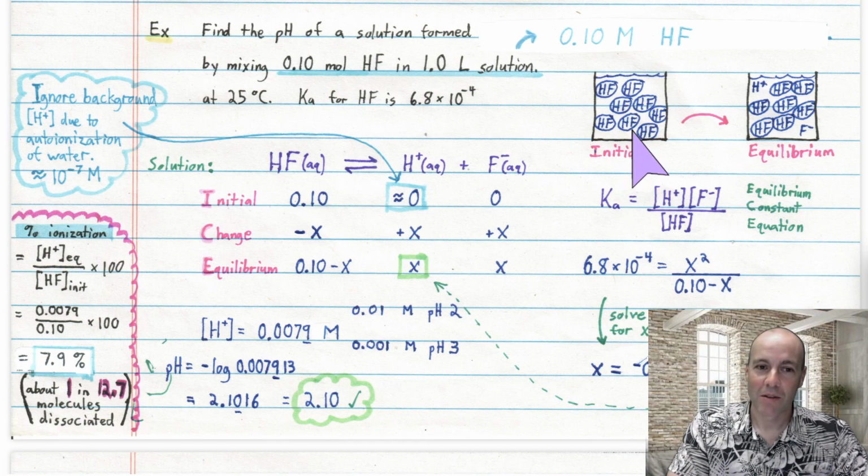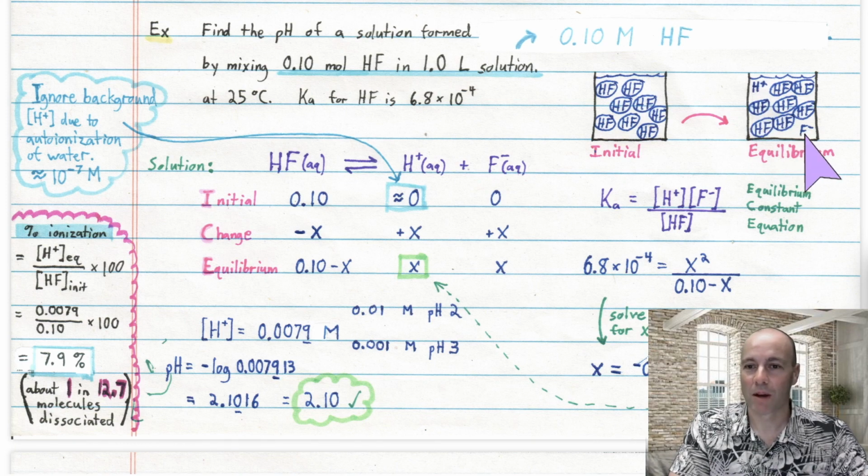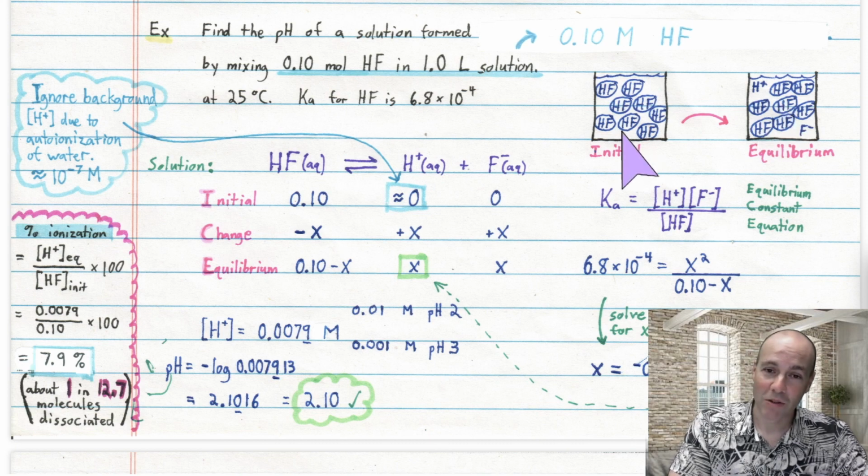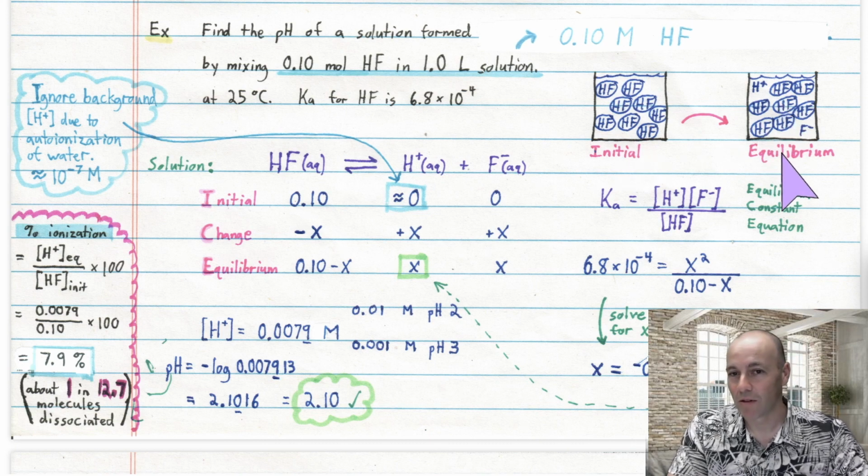Now, as it undergoes the dissociation as represented by this chemical equation, it will reach equilibrium where the protons are now separated from the fluoride minuses. And at equilibrium, the concentrations are no longer changing. So to get from the initial situation to the equilibrium situation, it has to undergo a change.